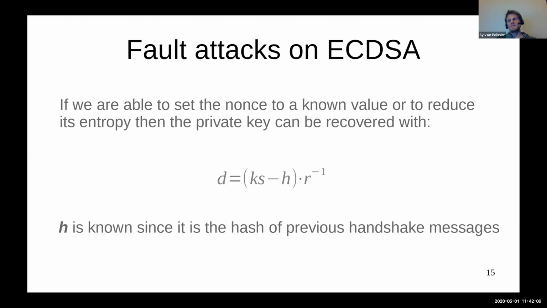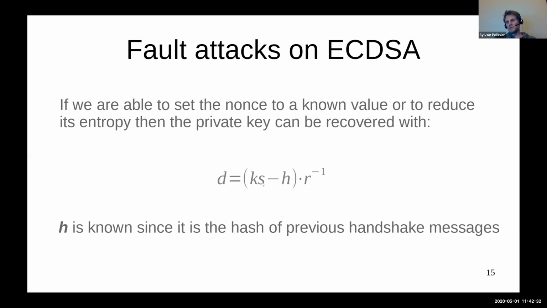So now we'll speak about fault attacks. For fault attacks, it's quite simple. We can apply the same principle I explained before. If we are able to reduce the entropy of the generated nonce, or we can fix the nonce to a known value, then we are able to recover the private key D. Because as you can see, we know the nonce, or we can brute force the nonce k.